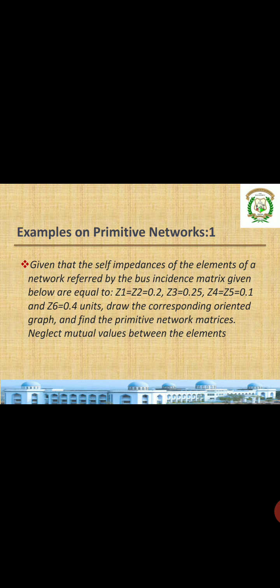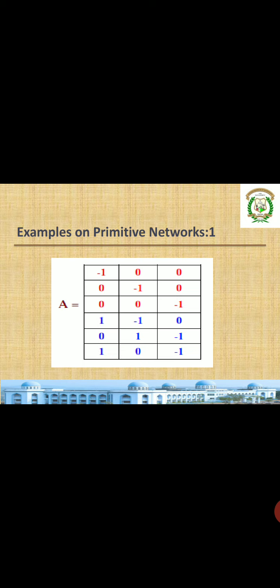Draw the corresponding oriented graph and find the primitive network matrix. Neglect the mutual values between the elements, meaning only self impedance values are given. Here they have given an incidence matrix and the values of Z. They say there are 6 elements.